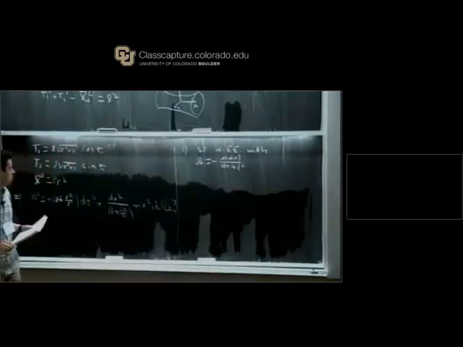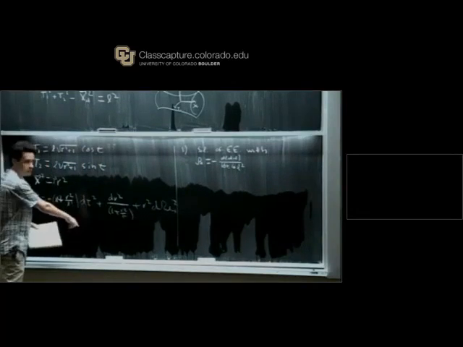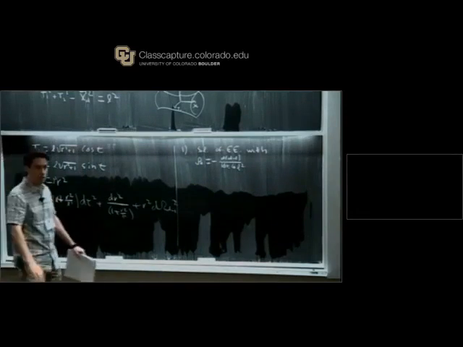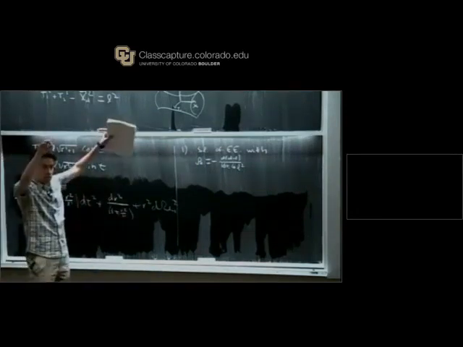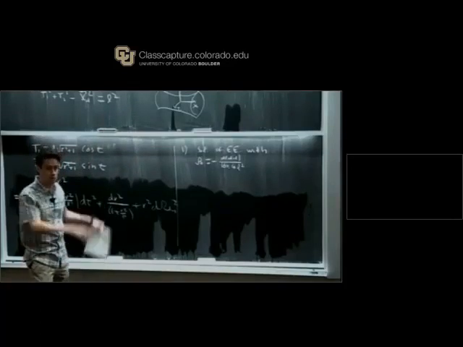Yeah? Are you going to allow field configurations that don't have the same value plus... No, well, now the boundary conditions are at minus infinity and plus infinity. And so whatever happens at minus infinity is related to what happens at plus infinity by solving the equations of motion. So it's not really a boundary condition, it's dynamics that relates the two.